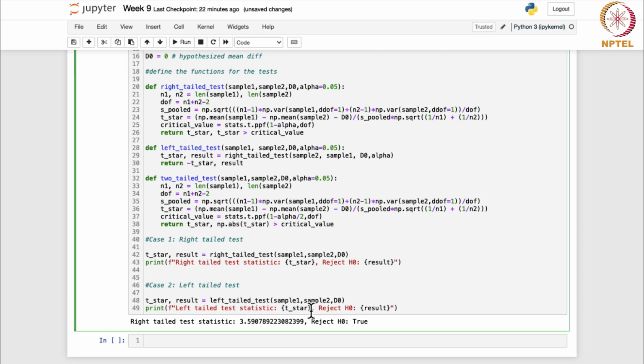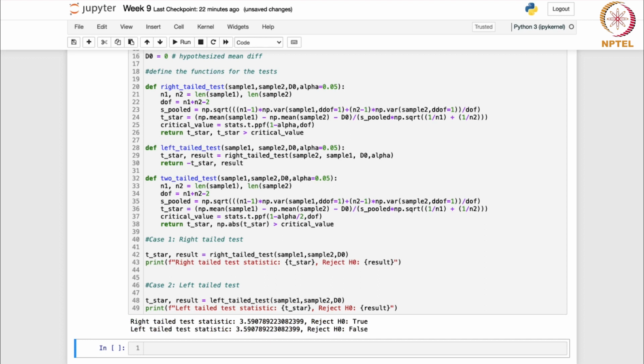So we need the T star and we need this result. So the left tail test statistic is this, and reject H naught is false. It means that you failed to reject the null hypothesis.